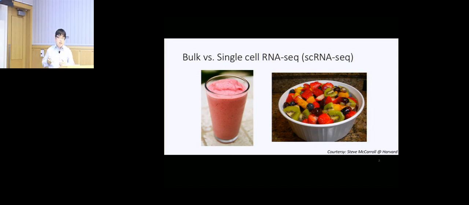That's the difference. So that kind of analysis is much easier and much more accurate when you have this individual cell result. And when you have this kind of smoothie-like mixture, a lot of different confounding factors can be involved, and some misleading results can come in.